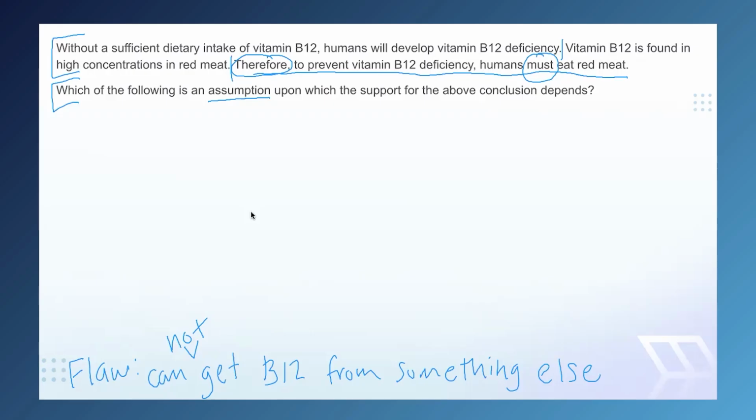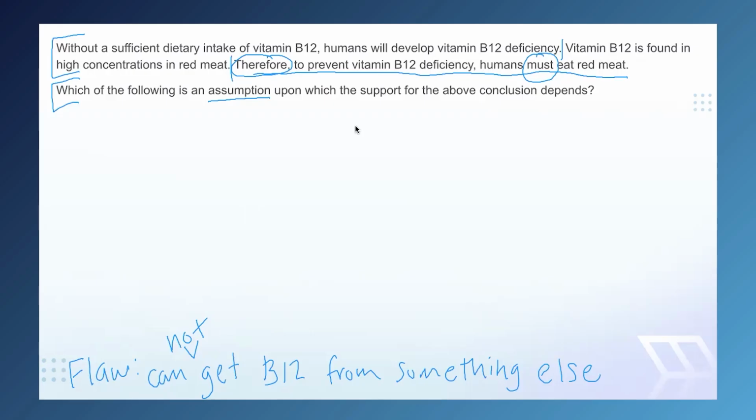Do you see how that's kind of weird? It's kind of extreme. All, only, right? That's fine in a strengthen question, right? We can strengthen at any cost, by any means necessary. That's not the case for assumption. Assumptions are things that must be true for the argument to be true. Something that must be true so that the conclusion must be true.